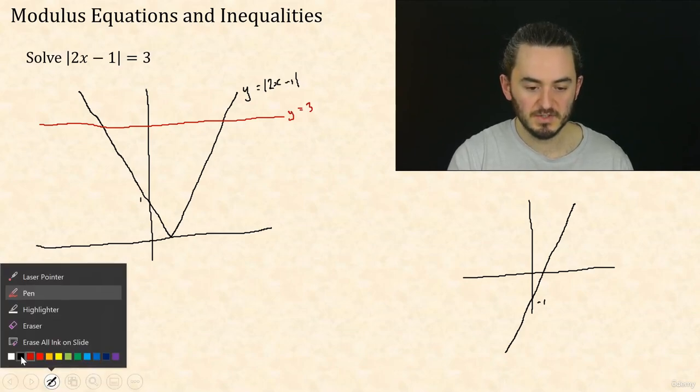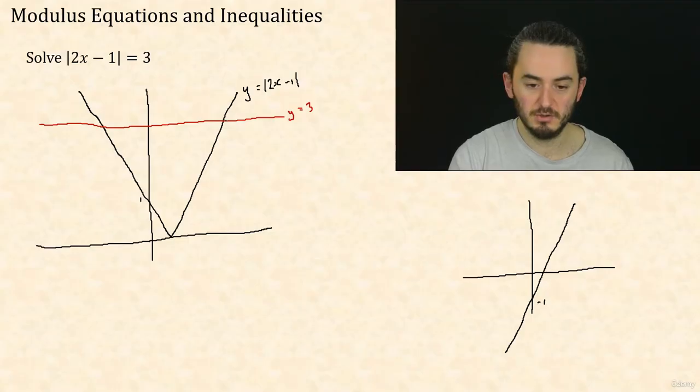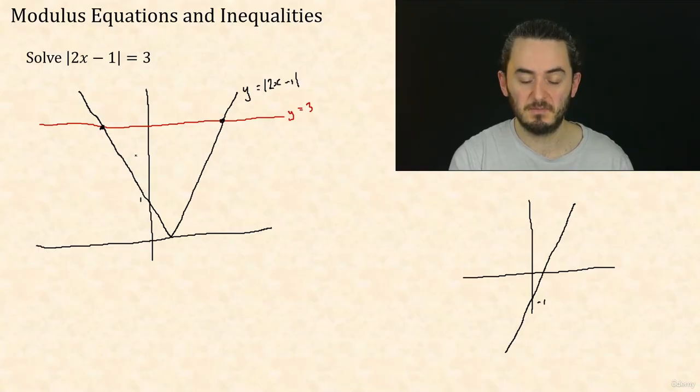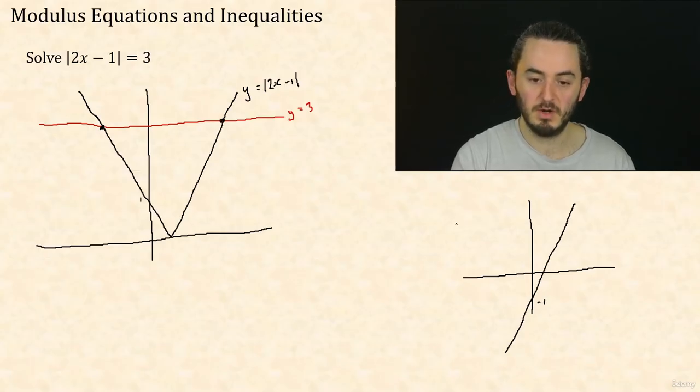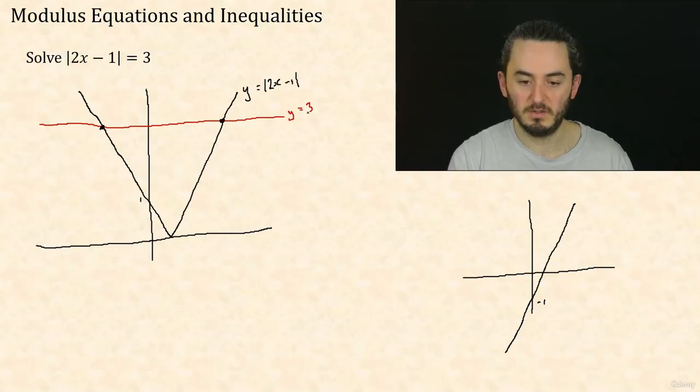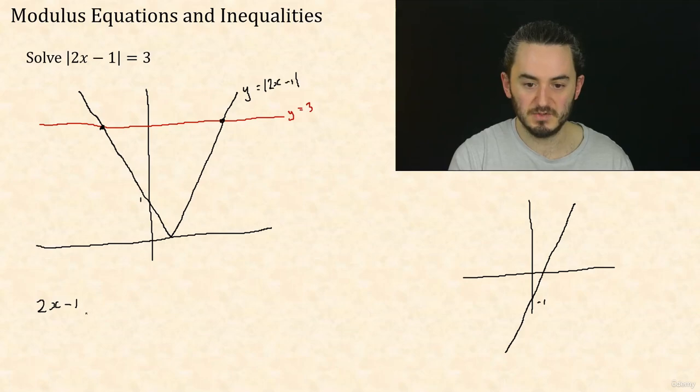We can see that there are two solutions. There's this one and there's this one, and we can see what we need to set up to solve them. This solution here is where the unmodded, positive part, the original part of my graph, met the line y equals 3, which is to say that solution is just when plain old 2x minus 1 equals 3.